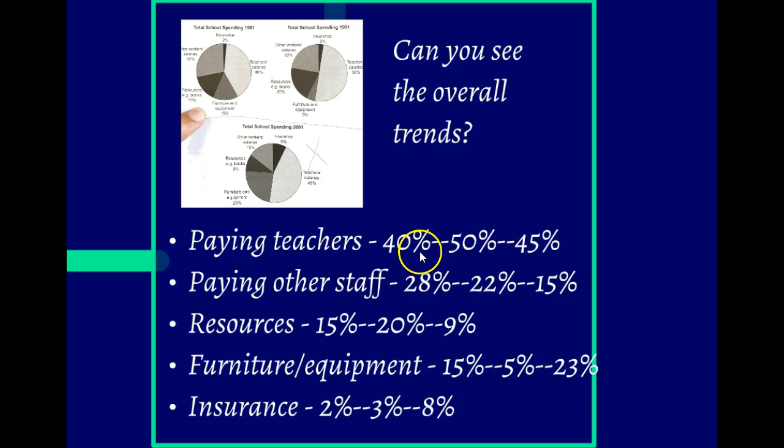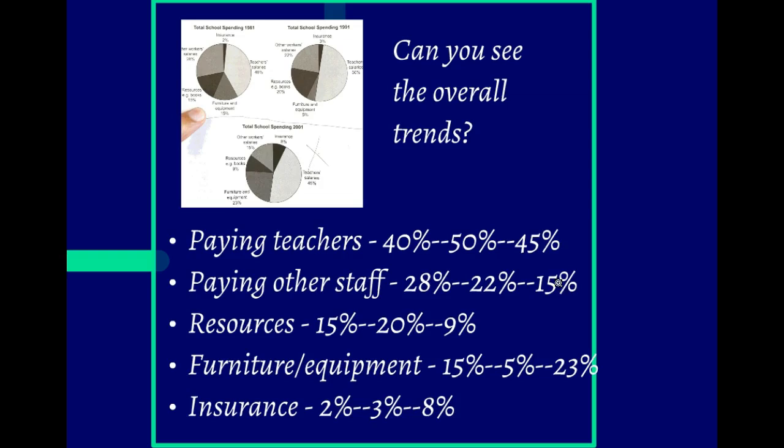So there was a peak in the middle. Paying other staff went from 28 to 22 to 15. So this amount of school spending declined steadily. And what's the difference from the beginning to the end? 28 to 15%, which is almost half.